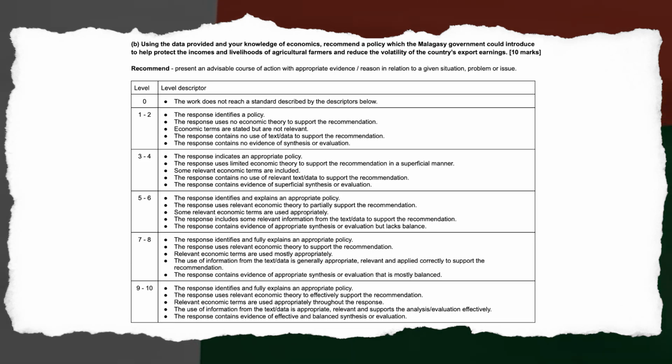B. Using the data provided and your knowledge of economics, recommend a policy which the Malagasy government could introduce to help protect the incomes and livelihoods of agricultural farmers and reduce the volatility of the country's export earnings. 10 marks. Recommend. Present an advisable course of action with appropriate evidence or reason in relation to a given situation, problem, or issue.